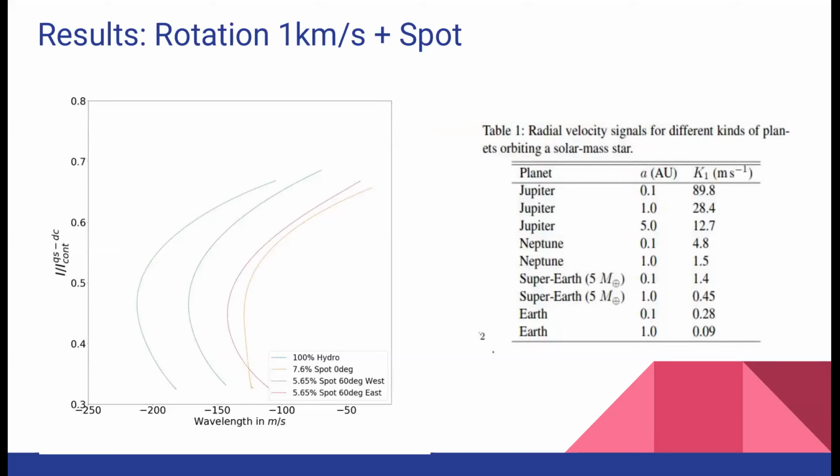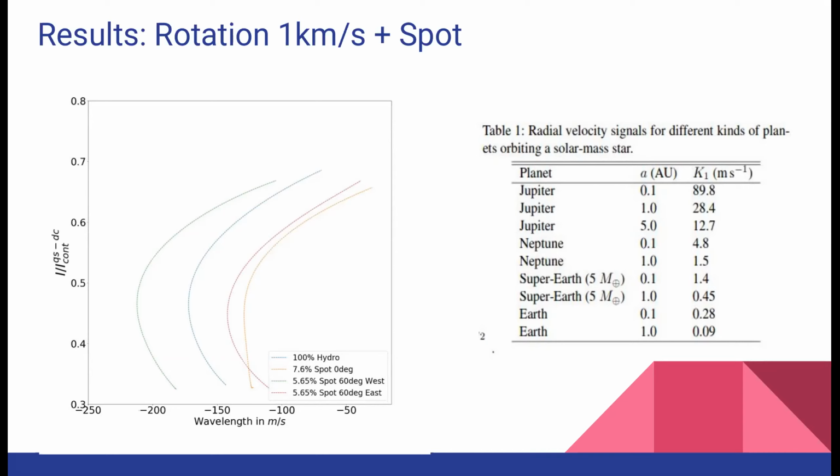And now I add some rotation, and when you have rotation, the effects become a lot more pronounced. So here are some bisectors. In the middle, you have 100% granulation, and then the green line is a spot with 5% filling factor, 60 degrees west, and the red line is a 5% spot, 60 degrees east.